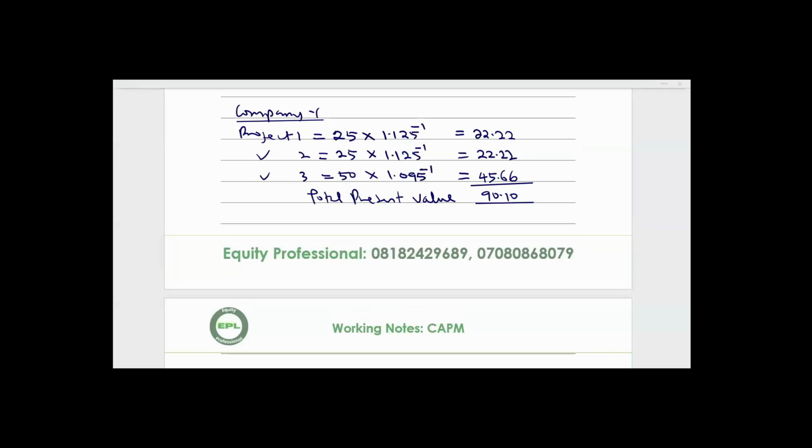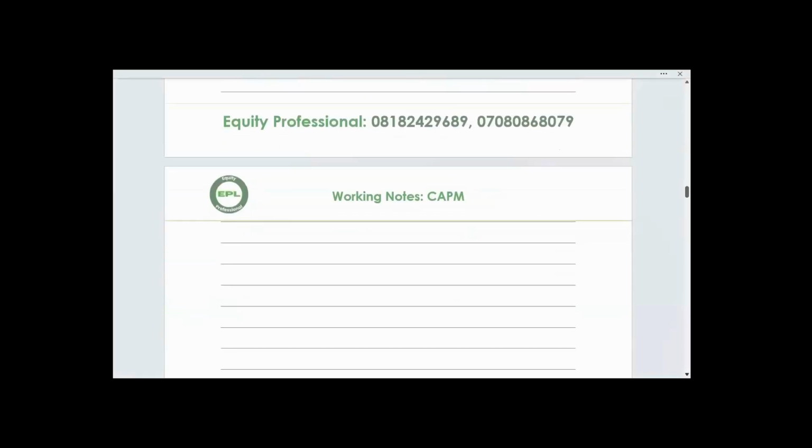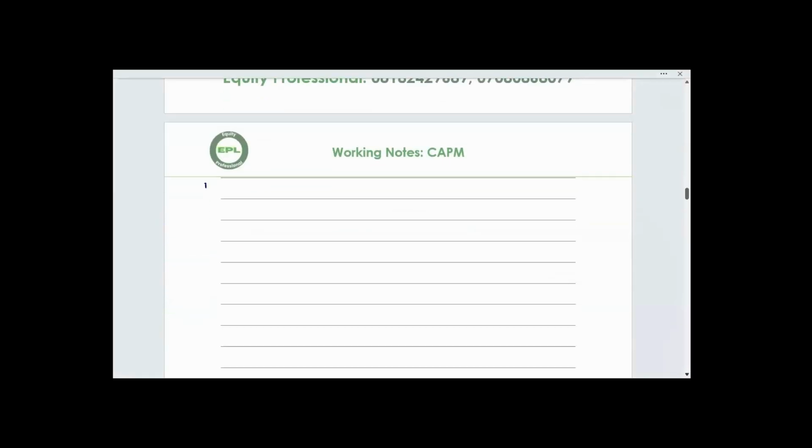So for the B part of the question, you have to determine the overall beta factor of company Y, assuming that all the projects are undertaken. So you want to calculate the risk of the portfolio. Remember, beta measures risk.